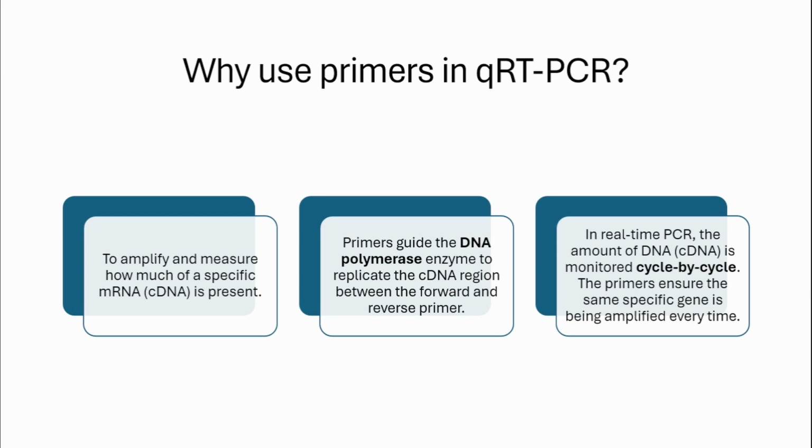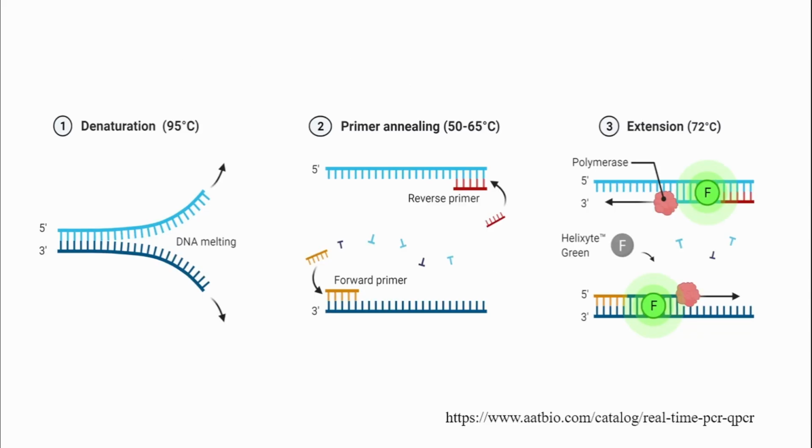What happens in qRT-PCR? In qRT-PCR, the amount of cDNA is monitored cycle by cycle, and during this, primers ensure the amplification of a specific gene occurs every time. How does qRT-PCR work?